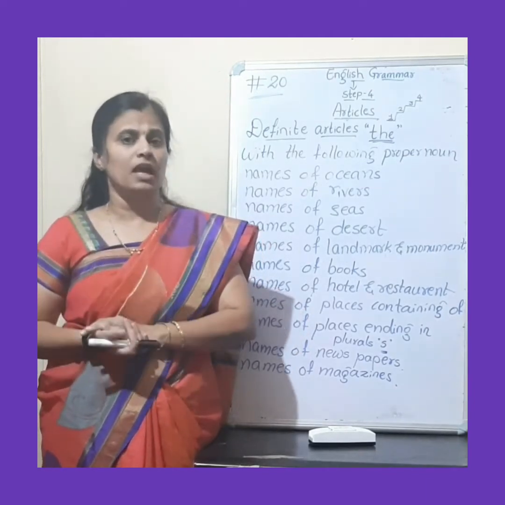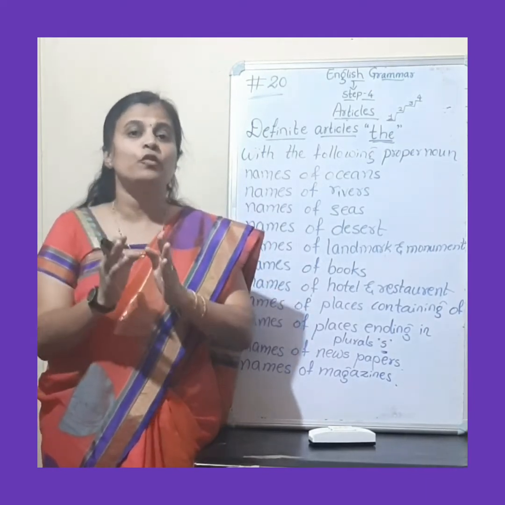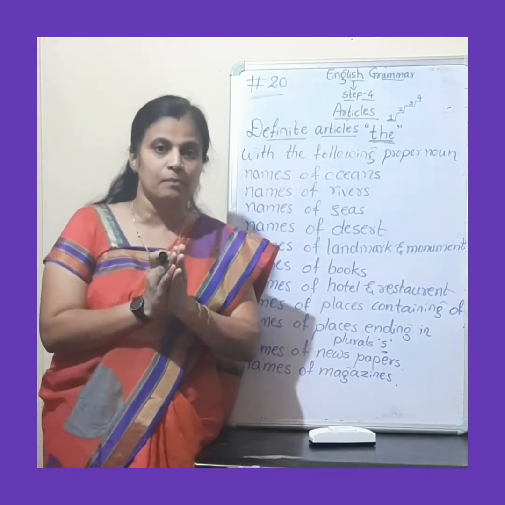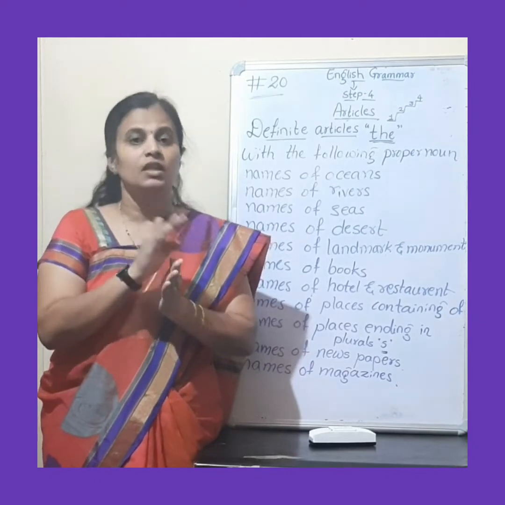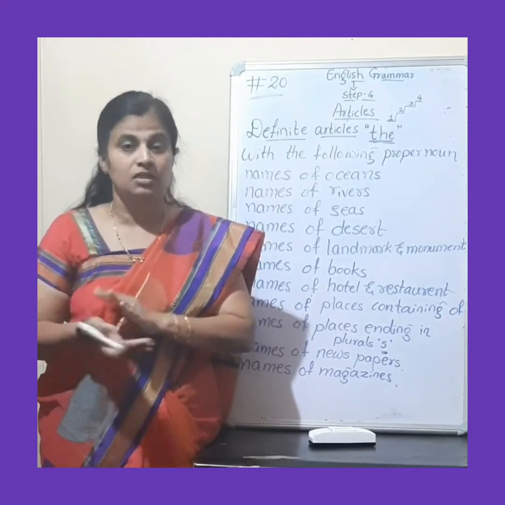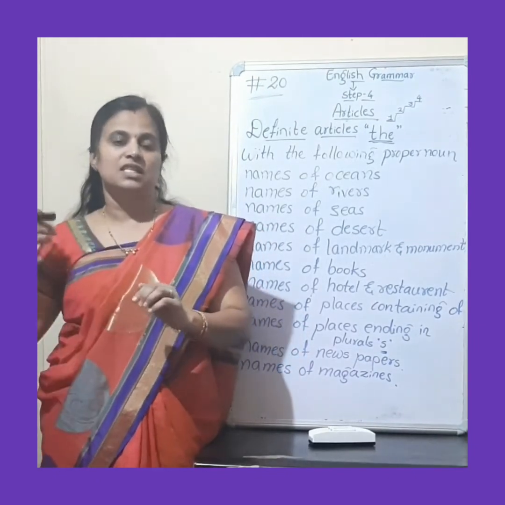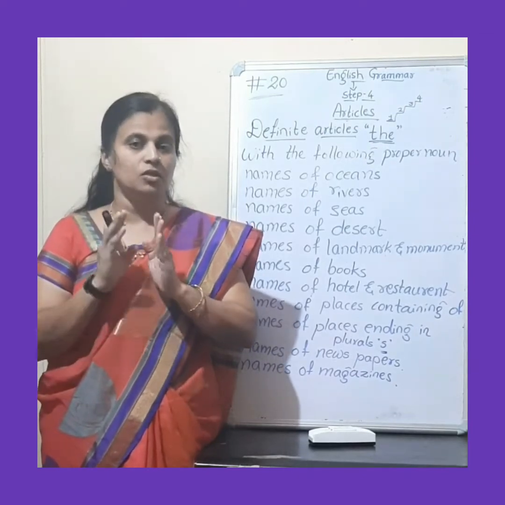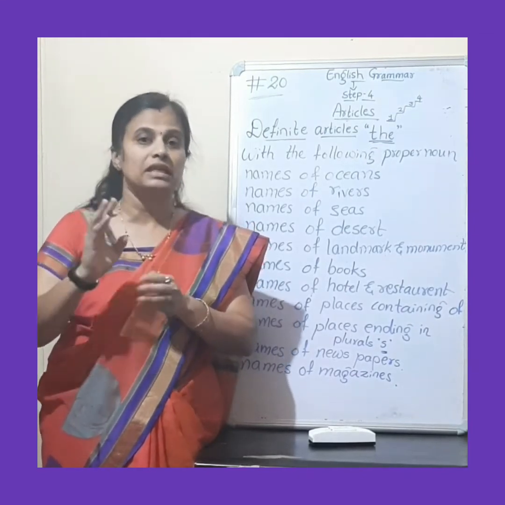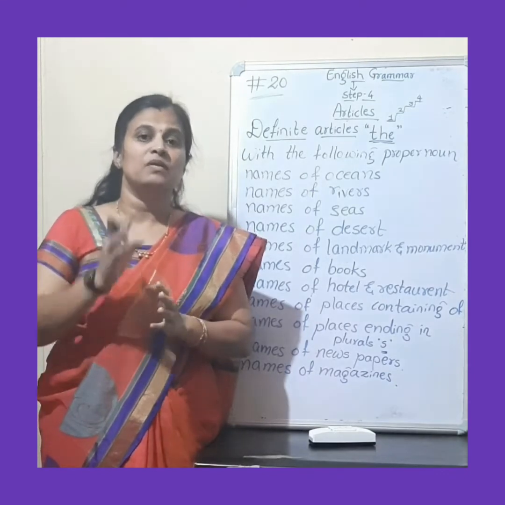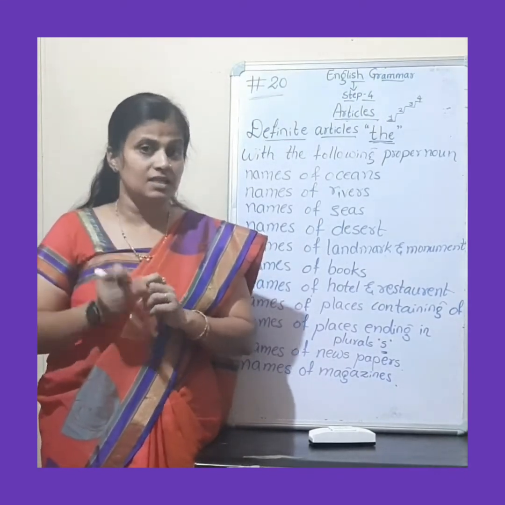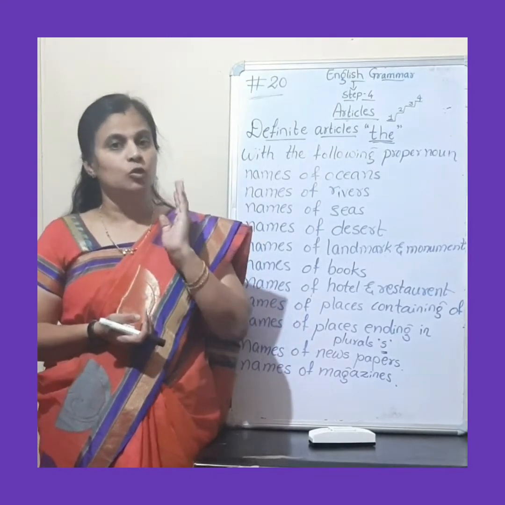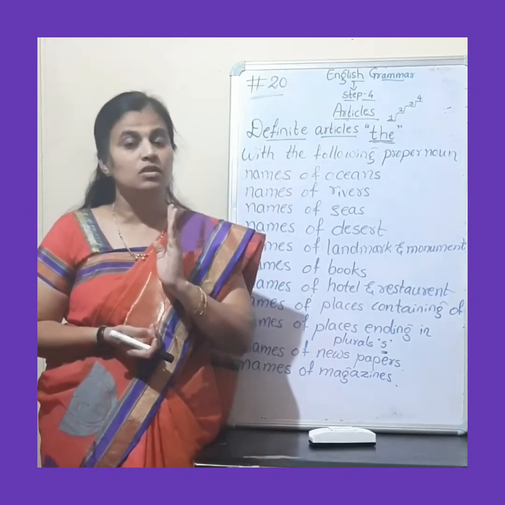Next, we add the before ordinal numbers, for example, the first, the second, the third, the fourth, the fifth session, the sixth month, and so on. It can also be used before superlative adjectives, for example, the youngest, the nearest, the oldest, the highest.